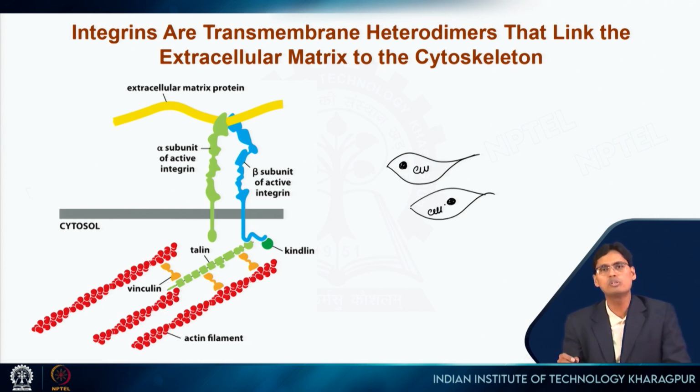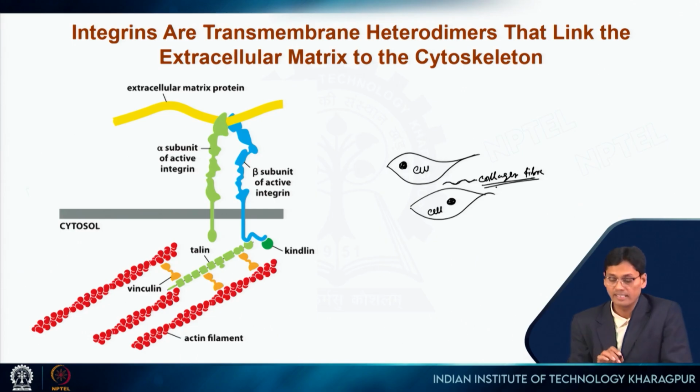In connective tissue, those two cells might not be together, but they are somehow attached to the extracellular matrix. In the extracellular matrix you have, for example, collagen fiber, and also proteoglycan, hyaluron, and everything else.